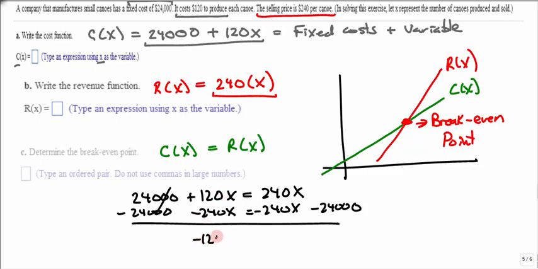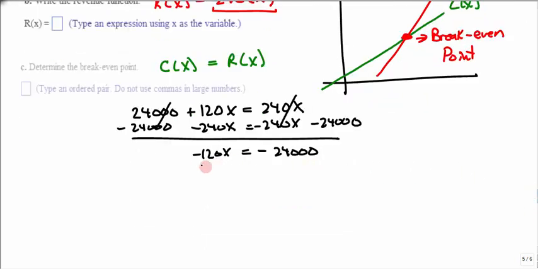I have negative 120x equals negative 24,000. I would divide both sides through by a negative 120. And I have x equal, negative divided by negative is a positive, and I have 24,000 over 120. And 24,000 over 120, of course we want to reduce that. And we get a value here for x equal 200.